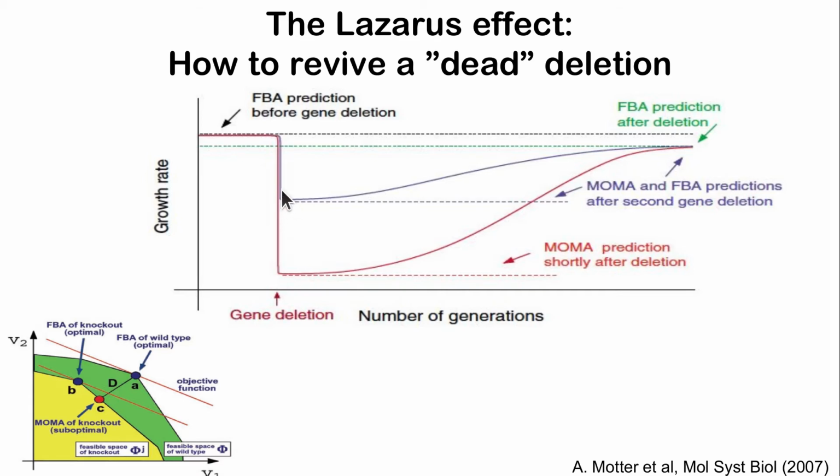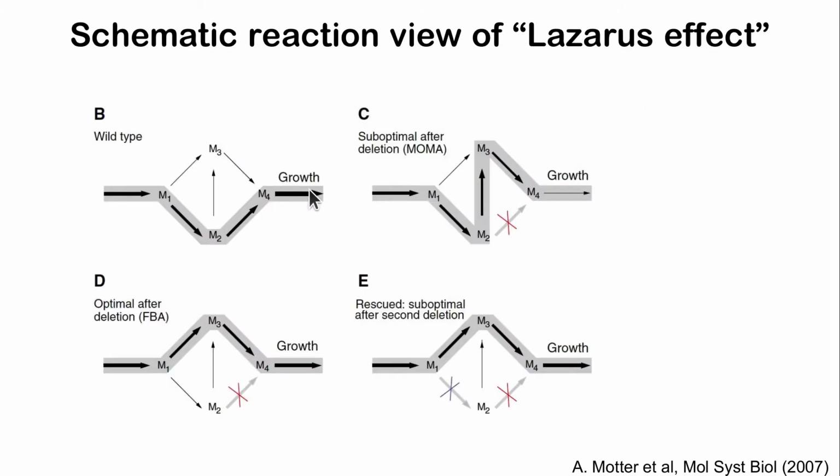So how does this happen? Well, typically we can have something like this. Consider this our wild type. Our lower pathway here is the most efficient way to convert our incoming flux into growth, and so that's going to be our optimal solution.